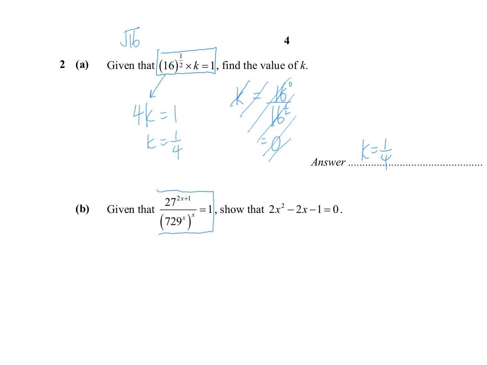For this one, I want to make sure that I can combine them and eventually get rid of the base. So between 27 and 729, what is the base number I should change to? 27. Some of you say I can just change to 27. That means I don't break this up. 729 is 27 what?